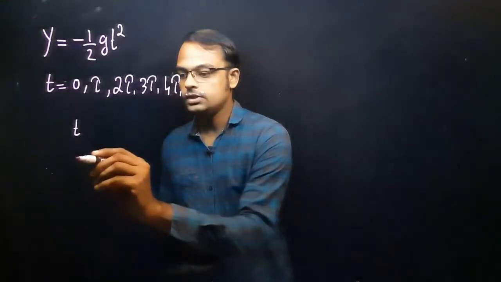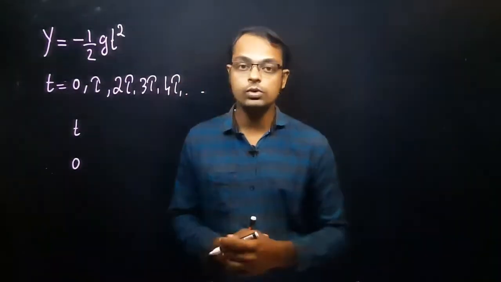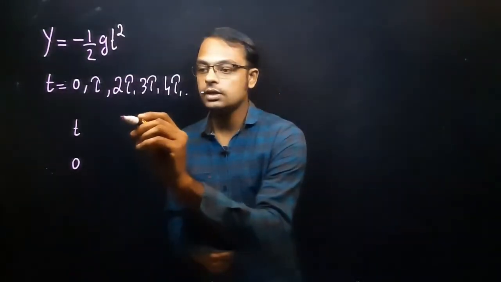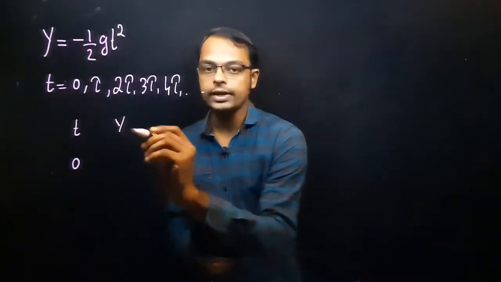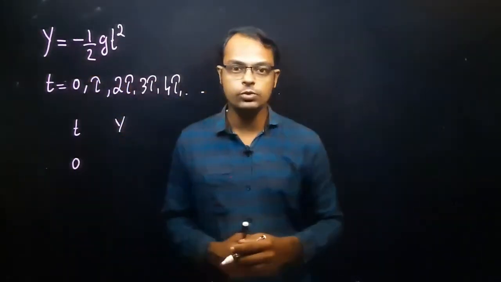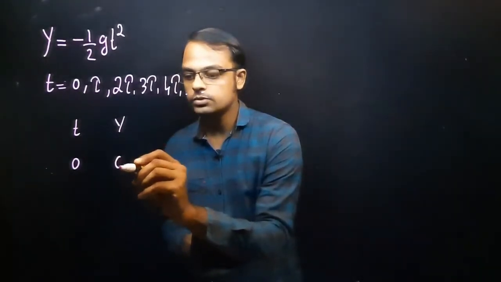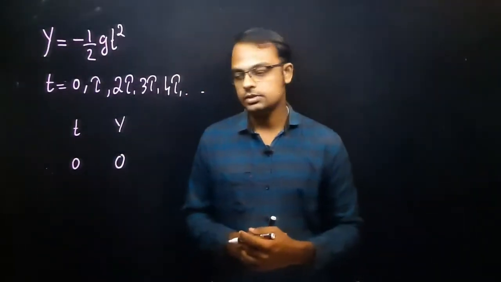When time t is equal to 0, what is the vertical displacement y? The formula is y is equal to minus half g t square. If you substitute t is equal to 0, y becomes 0.